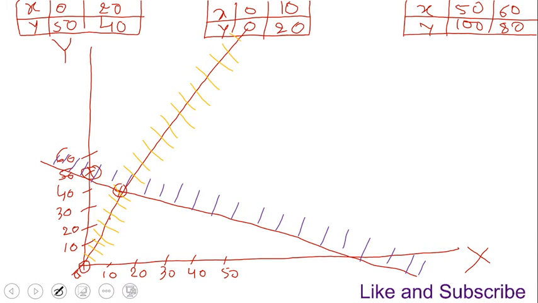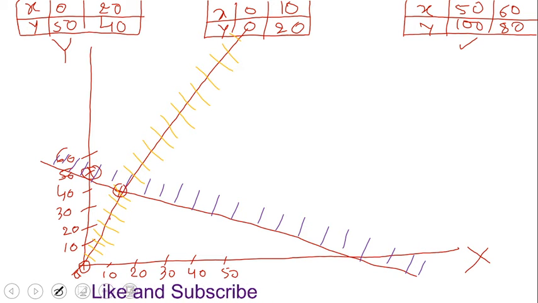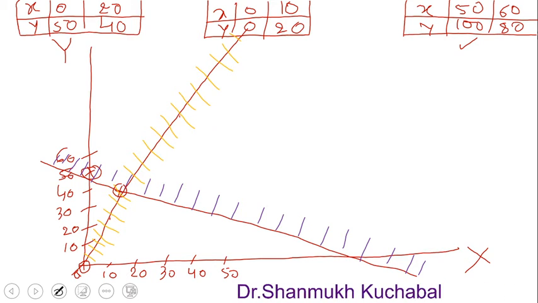Now we'll consider the third point. So x equal to 50, y equal to 100, somewhere over here we are going to get it. Then x equal to 60, y equal to 80.